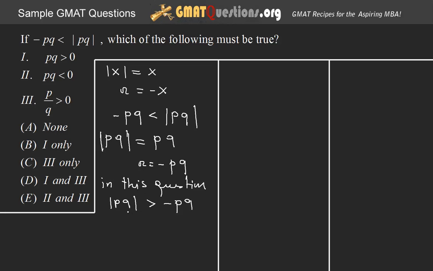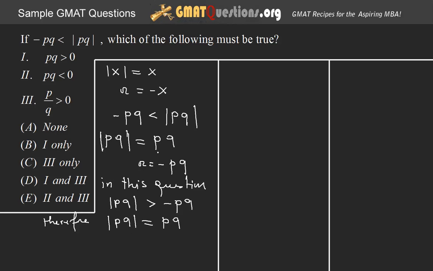So, to rewrite the whole thing, the absolute value of the product PQ is greater than the negative of the product PQ. Again, I get this from the question. Logically speaking, therefore, the absolute value of PQ must be equal to PQ.